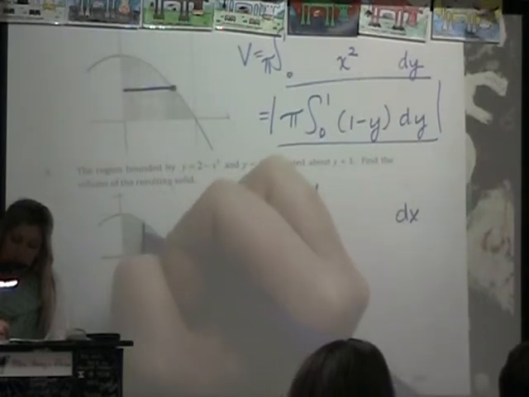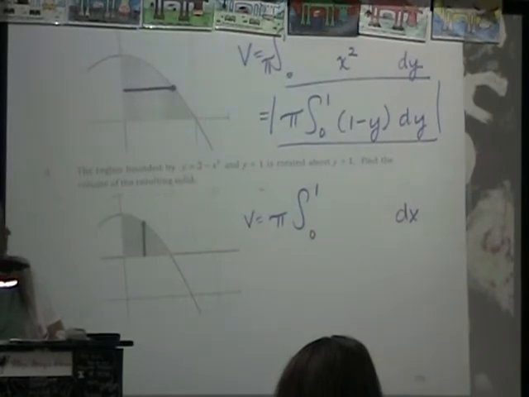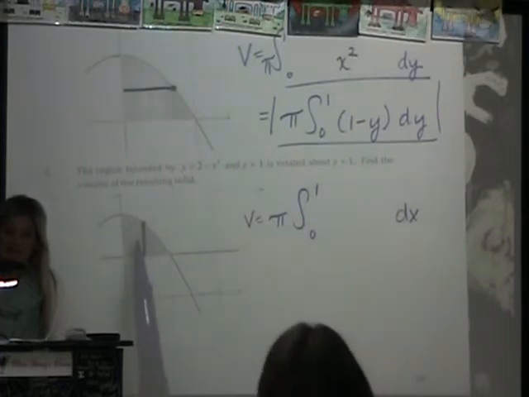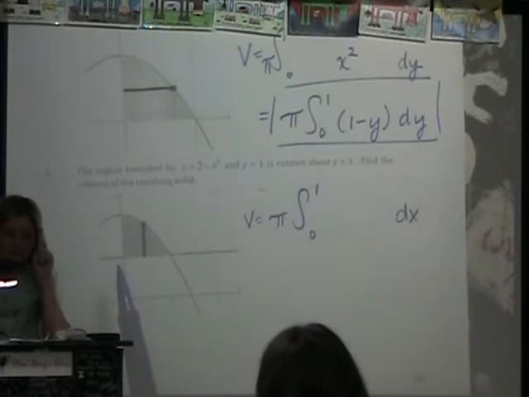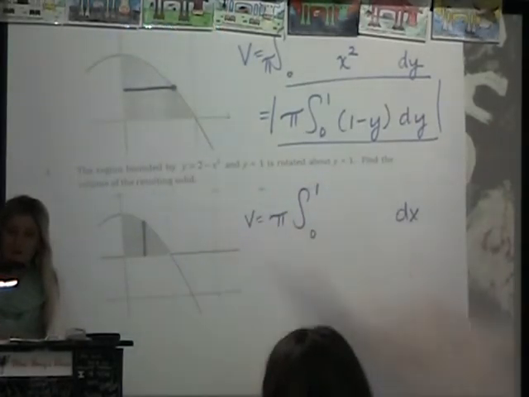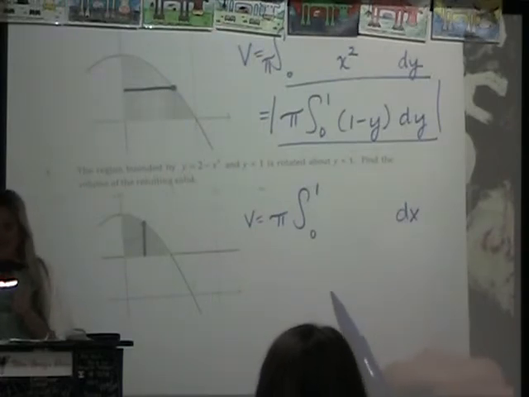And if I take a slice, 1 disk, now think about this one for a minute. How would I find the radius of 1 disk? Whether I pick the disk here, or over here, or over here. What is it? Y minus 1. Yeah, y minus 1.